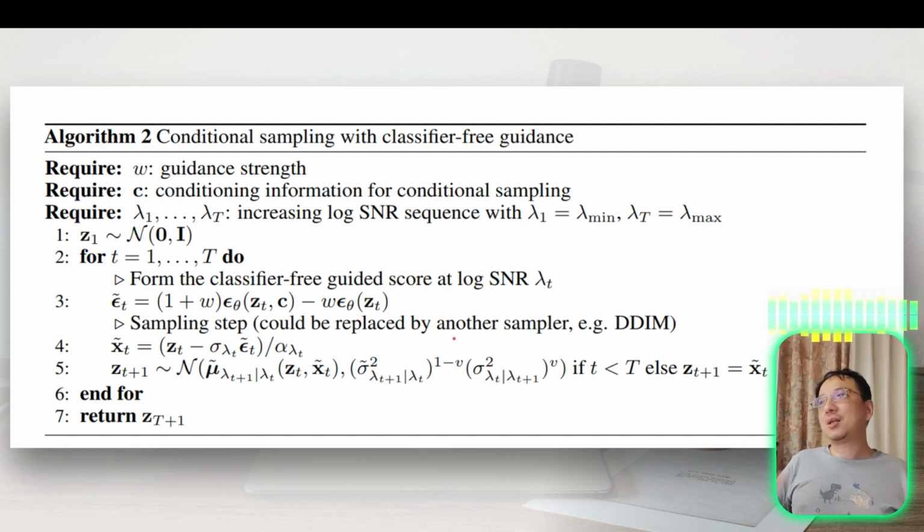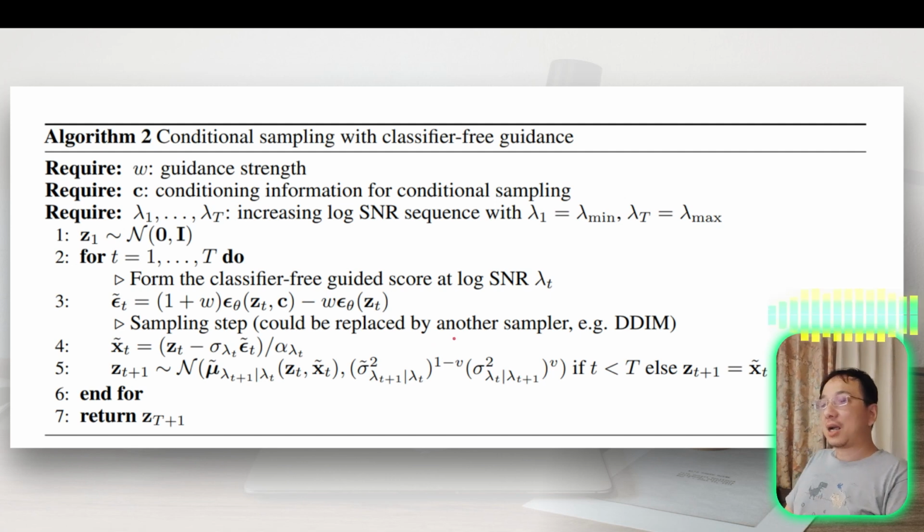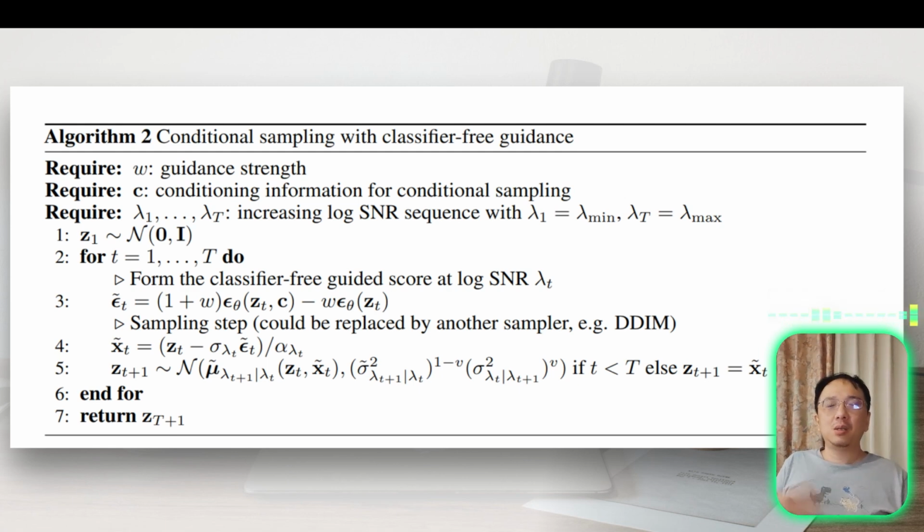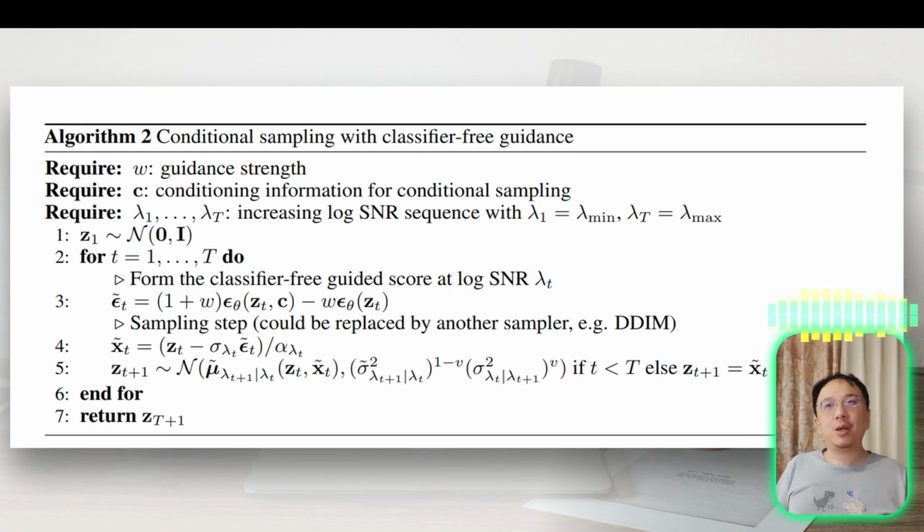Okay, so that's the classifier-free guidance method. There's one obvious question about this method: since we have already trained a conditional model, why not simply rely on the conditional part alone? In principle, we could do that, but there are a few reasons not to.